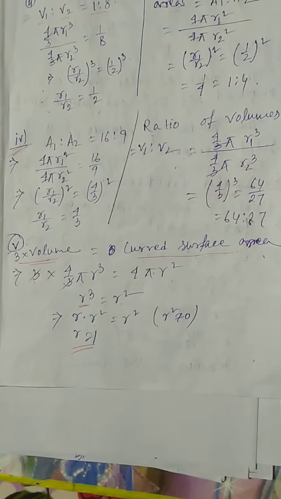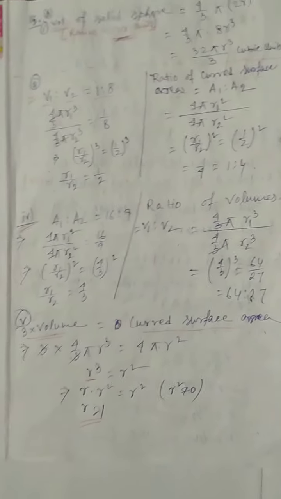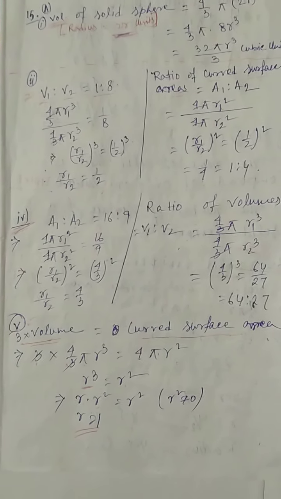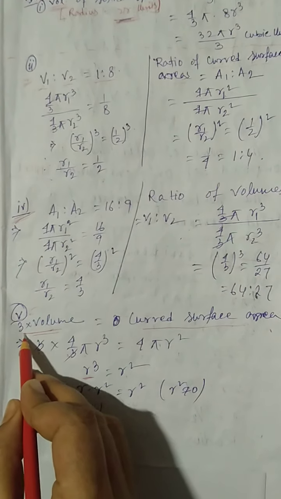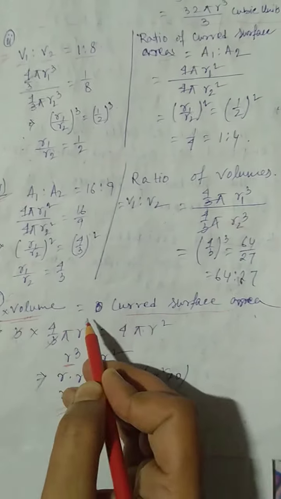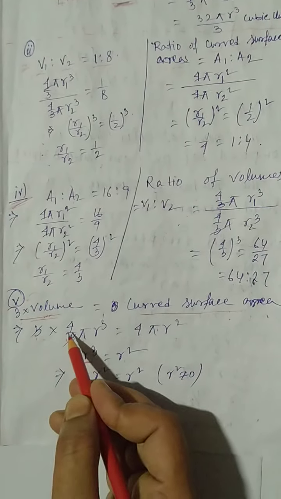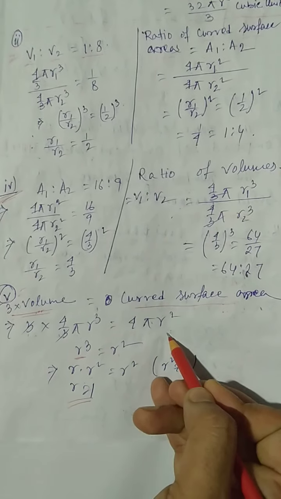Question number 5 is about the numerical values of volume. Three times the volume of a sphere equals its curved surface area. That means 3 into volume equals curved surface area. 3 into the formula of the volume, 4 by 3 pi r cube, equals the curved surface area, 4 pi r square.